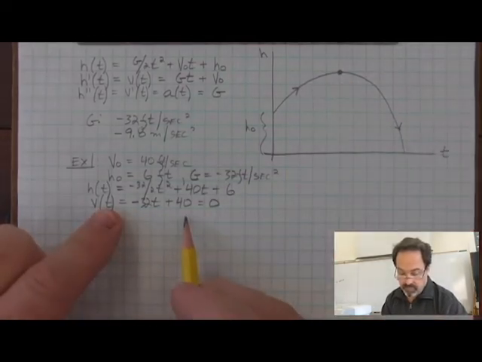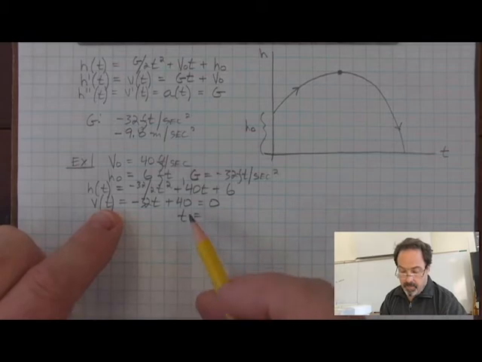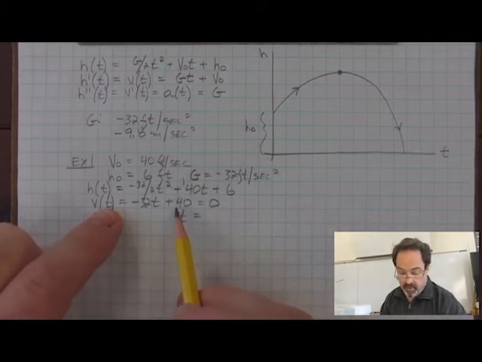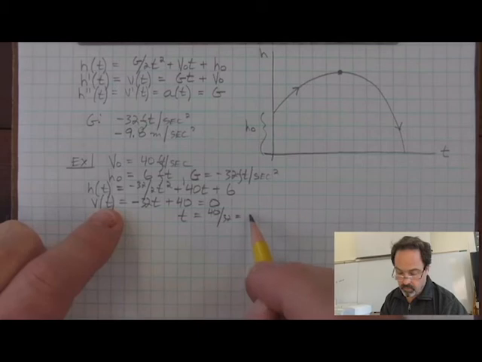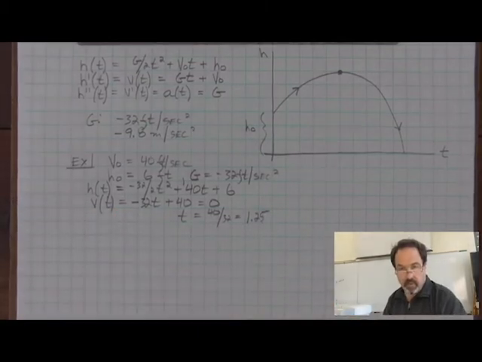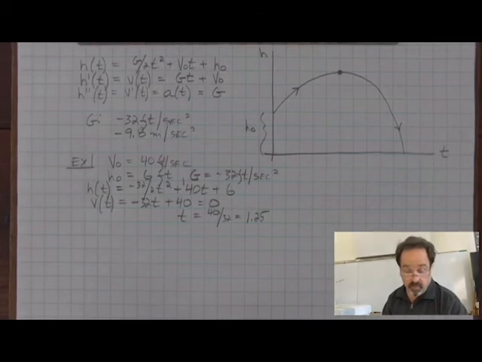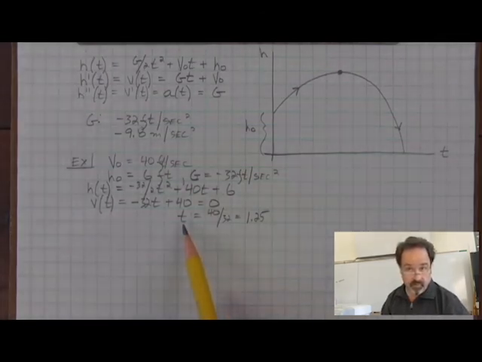I can solve for t by subtracting 40 and dividing by negative 32. The negatives will cancel out, leaving t equals 40 over 32, or 1 1/4, 1.25. This is a critical point. It's a point in time at which the velocity is 0, and it could be an extrema of the height function.